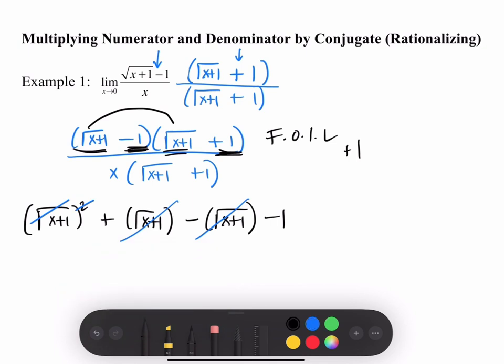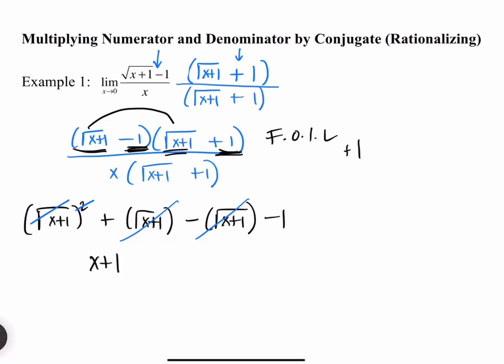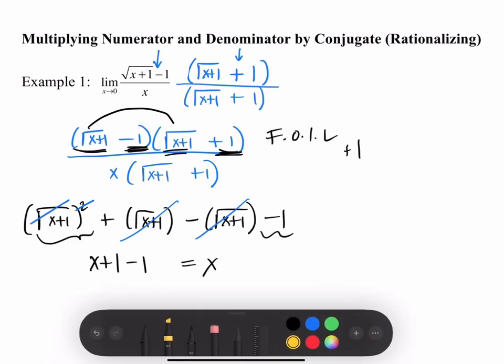So I'm left with x plus 1 from here and then minus 1. Okay, so x plus 1 minus 1 is just equal to x. So after all of this multiplication of my numerator, after FOILing this out, this all comes down to just equal to x. Okay, so this is my numerator.